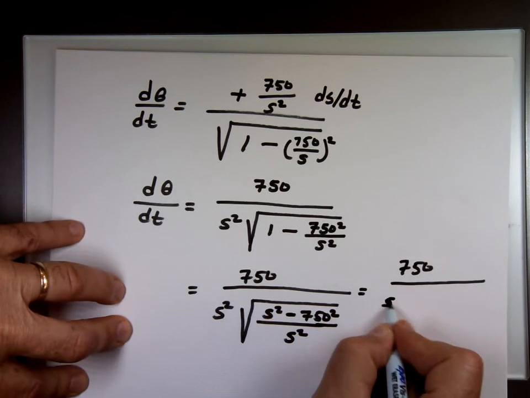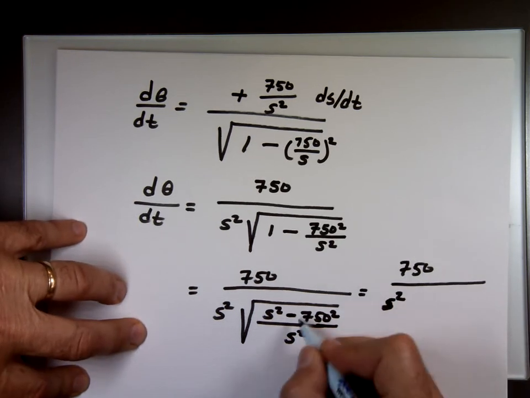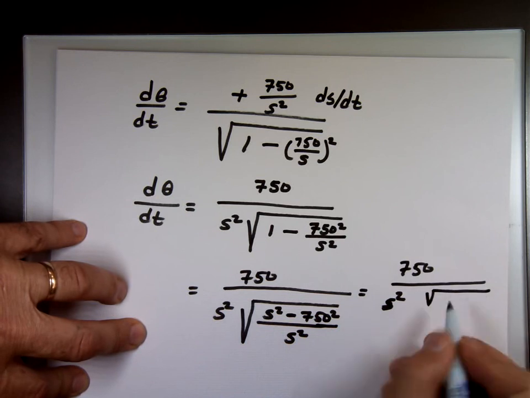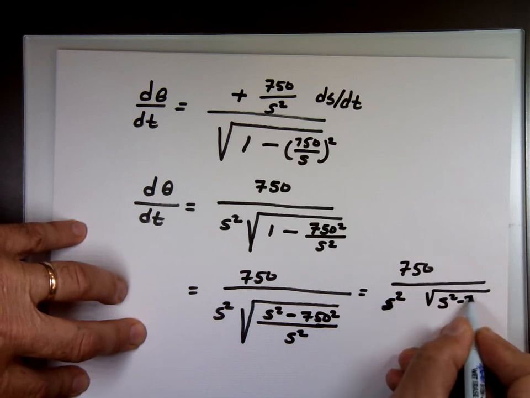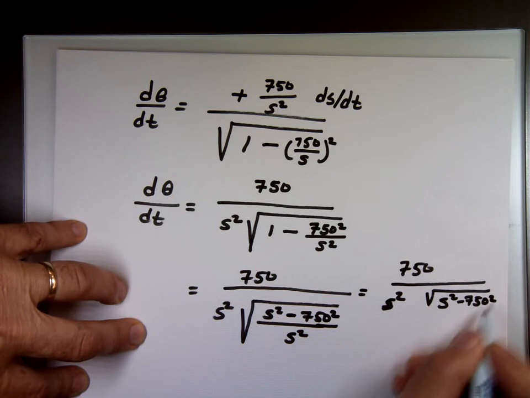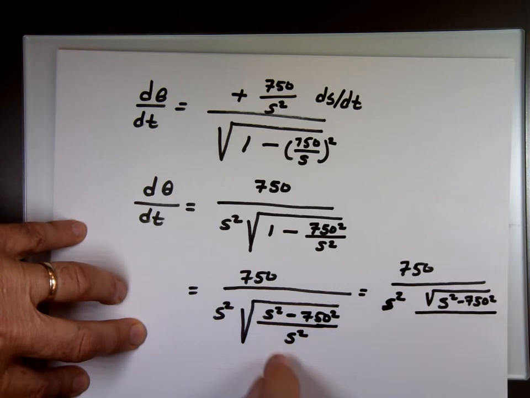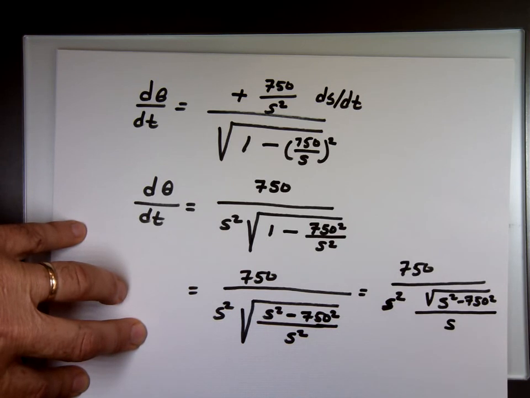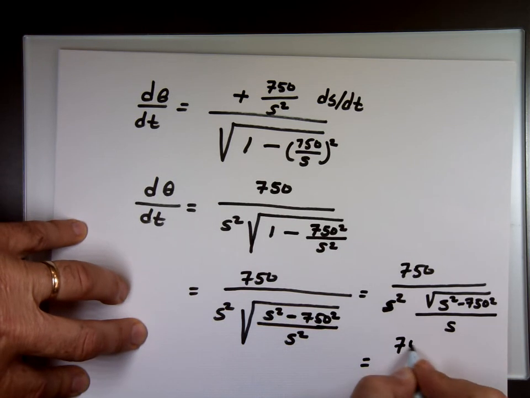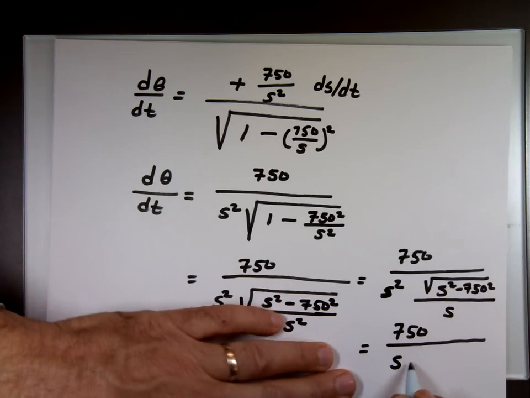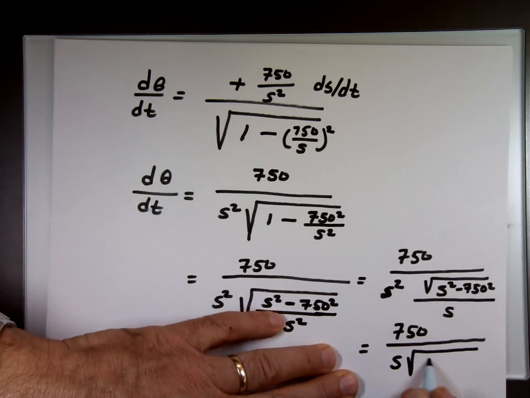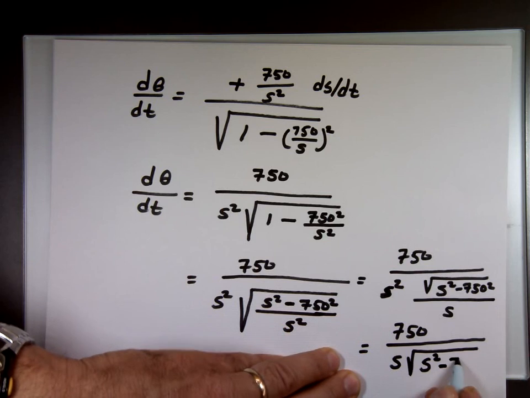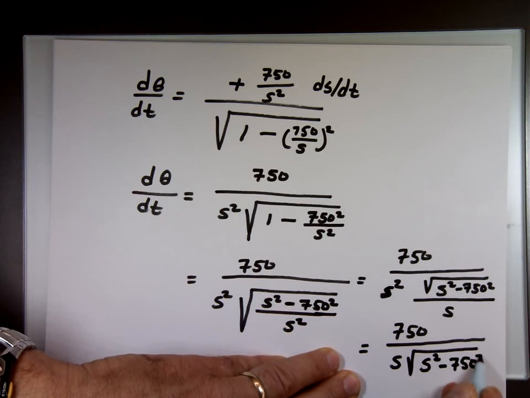Now, when you break the square root, that'll be the square root of S squared minus 750 squared divided by what? What's the square root of S squared? S. That cancels one of those S's, and I will stop right there. I don't know how far they want to go with it. That looks clean enough for me.